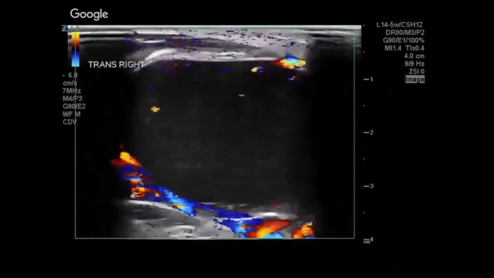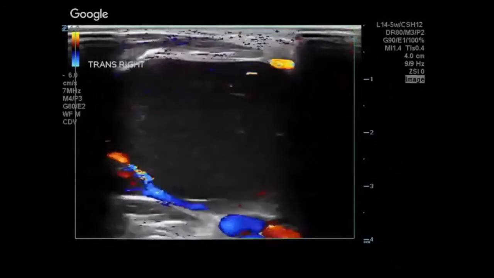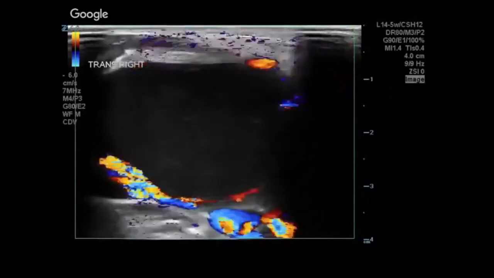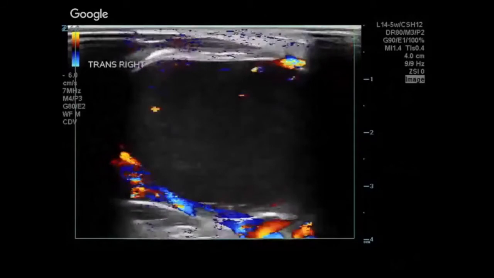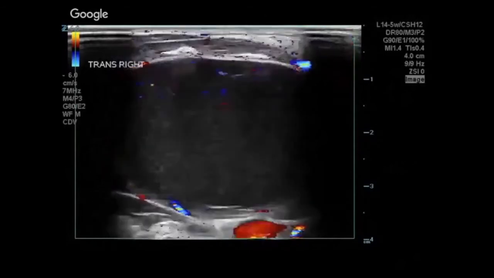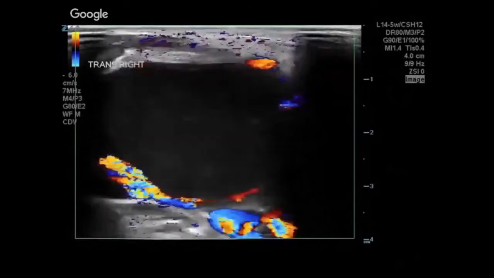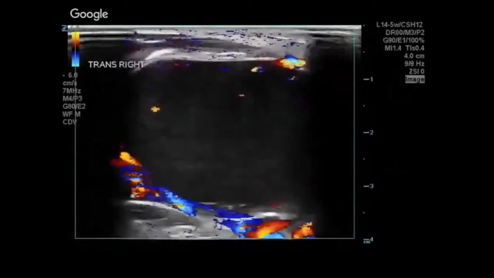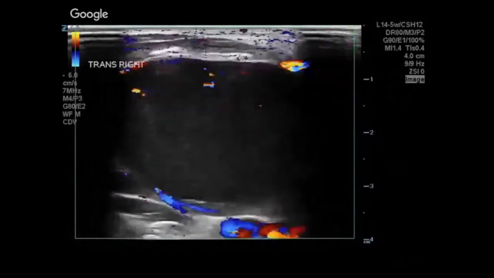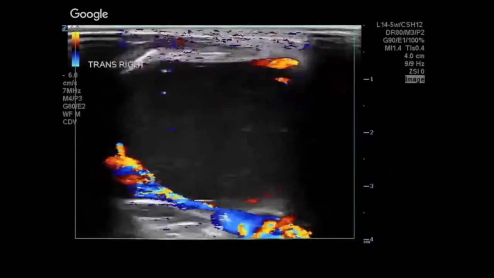Another point is that it's too oval shaped. Malignant lymph nodes tend to be more round and don't have that nice oval shape. Although I agree, it should come to mind when you're looking at it, just to make sure we are not missing that.